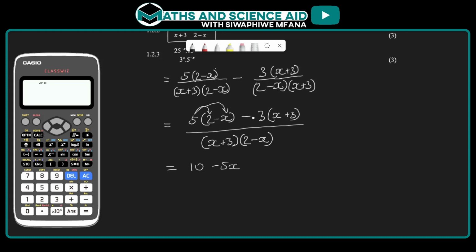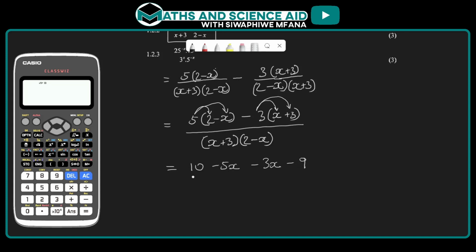Okay? And then we need to multiply negative 3. Remember that this negative here is the sign of this whole term. So we need to multiply negative 3 by positive x, and that is going to give us negative 3x. And then we need to multiply again negative 3 by positive 3, which is going to give us negative 9.